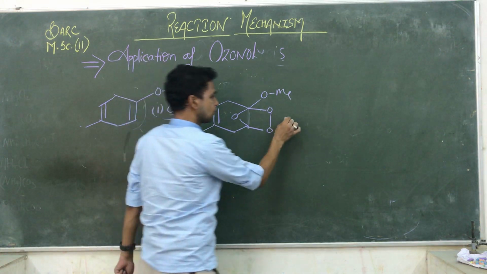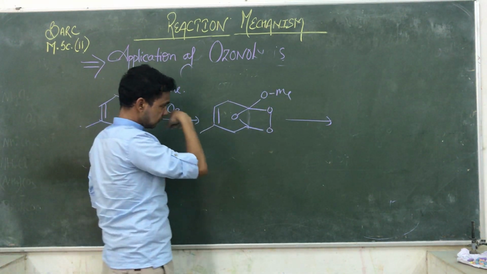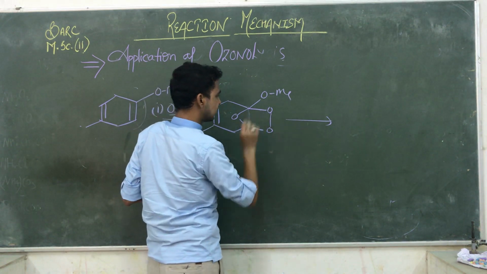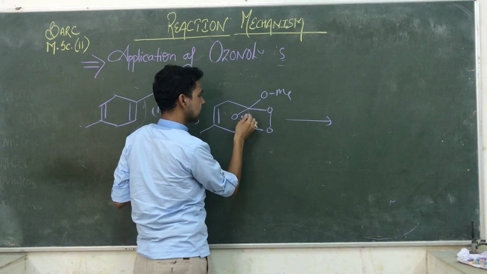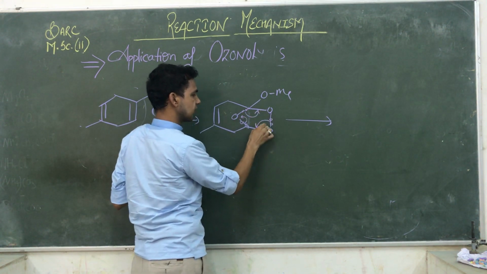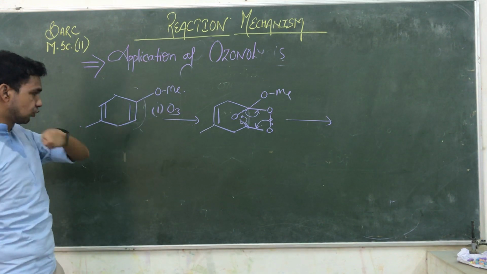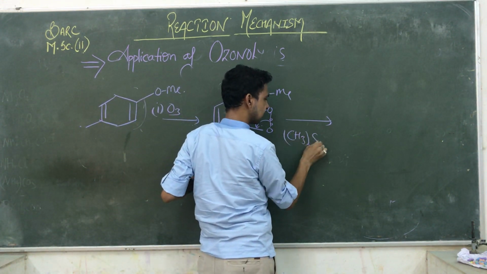Okay, so after that, what we are doing, we are going to cleave this. अब cleavage होगा, so this bond is moving here, this bond is moving here. Here we generally use dimethyl sulfide. ले लीजिए dimethyl sulfide.